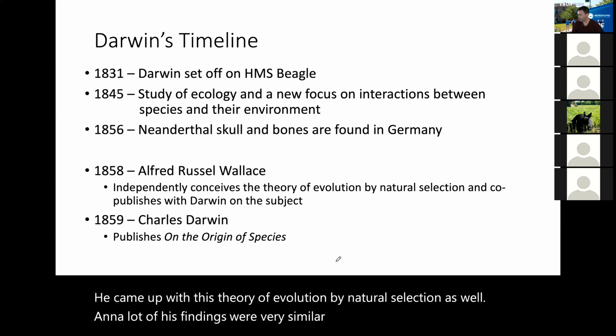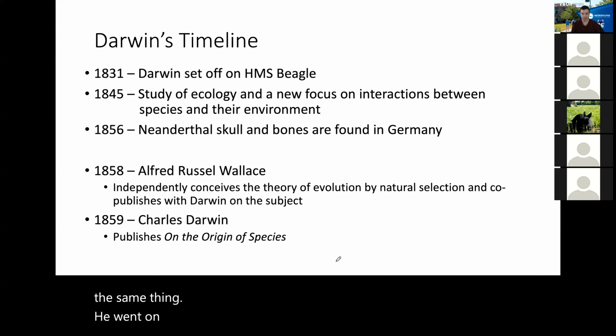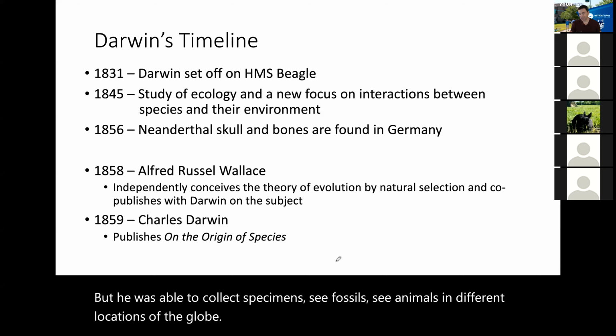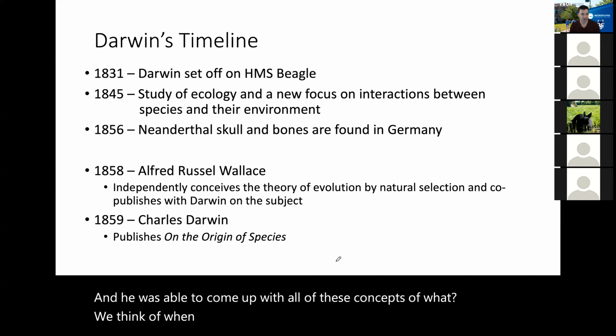Charles Darwin, we always talk about him and his travels. Alfred Wallace, he did the same thing. He went on a ship and he went in a different direction, but he was able to collect specimens, see fossils, see animals in different locations of the globe. And he was able to come up with all of these concepts of what we think of when we think of the factors that drive evolution.